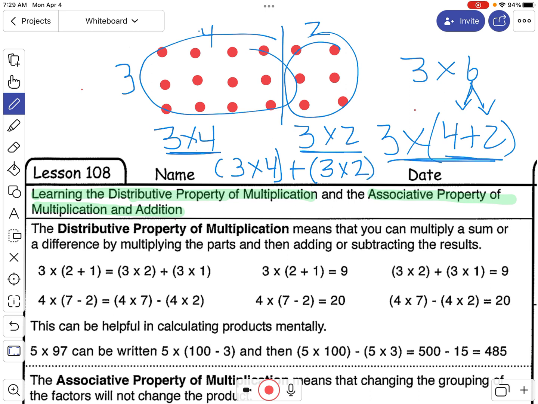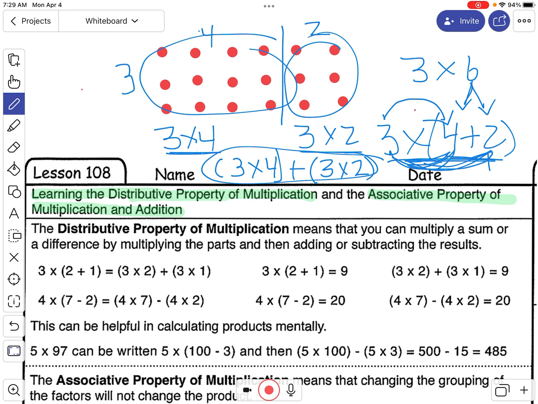All right. And that shows the distributive property of multiplication. I'm multiplying 3 times 4 and adding that to 3 times 2. It's like I'm distributing or passing out the number 3 as I multiply it with the 4, and then I multiply it with the 2. And that's what you see right here.